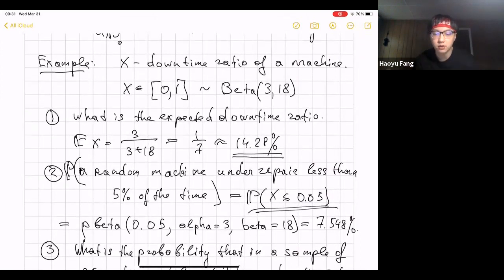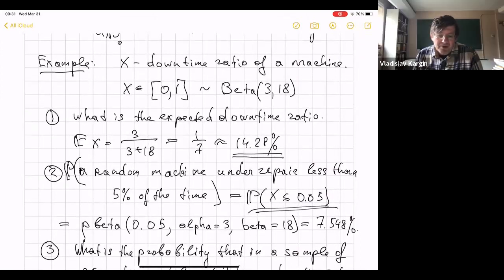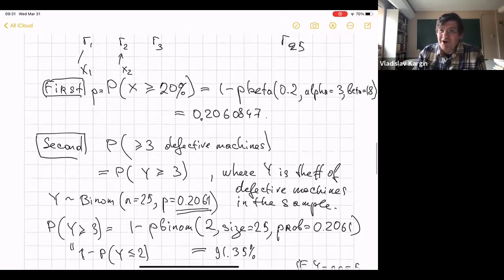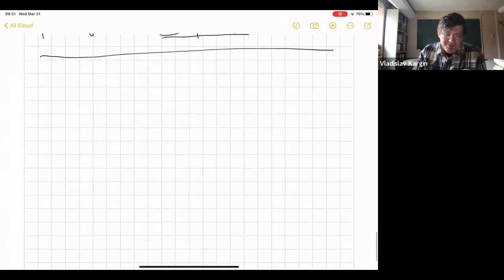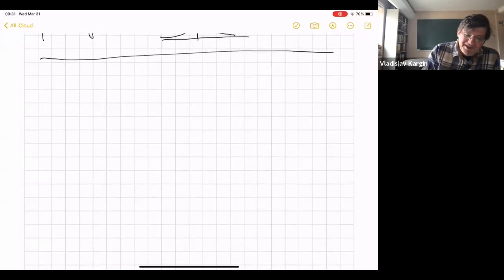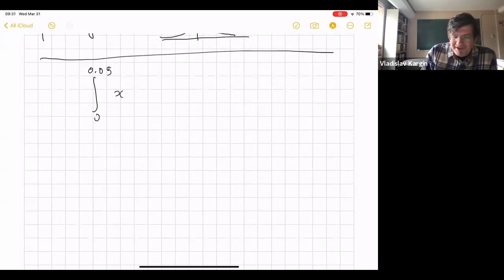For example, P(X ≤ 0.05). Well, for these values of the parameters, I don't know how to do it. If it were small values of the parameters, like 1 or 2, then in principle this is a doable integral. You would integrate from 0 to 0.05 of x to the alpha minus 1, times 1 minus x to the beta minus 1.